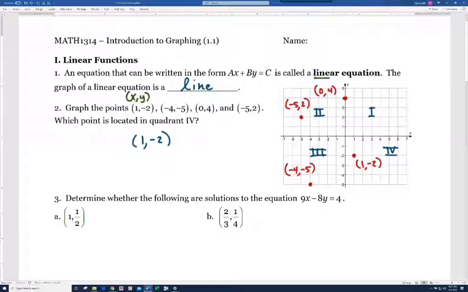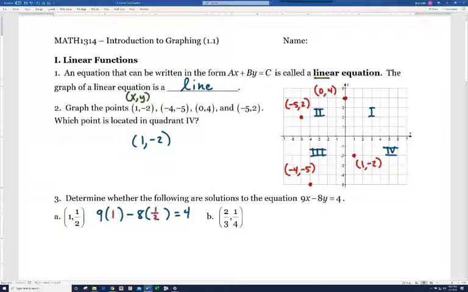So it says determine whether the following are solutions to the equation 9x minus 8y equals 4. Well, this is an equation. I'm going to go ahead and make a shell of the equation. So wherever there was an x, there's parentheses. Wherever there was a y, there's parentheses. And we're going to go ahead and plug in our values.